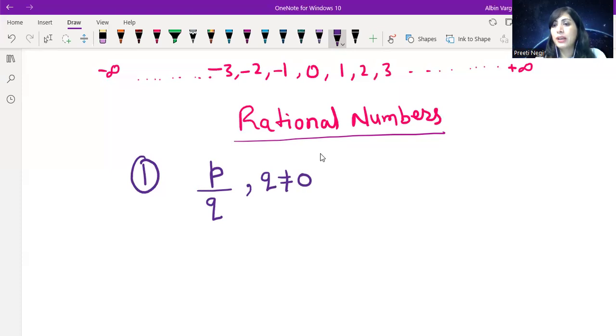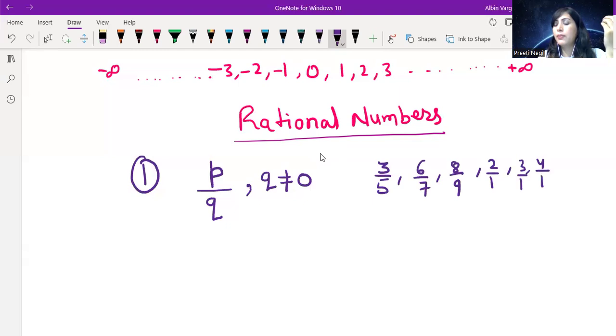Let's take an example, 3/5, 6/7, 8/9, any numbers, right? And the complete numbers 2, 3, 4, 5, you can write all these numbers in the form of 2/1, 3/1, 4/1, 5/1. All these complete numbers are rational numbers, right? So we can write all these numbers in the form of P/Q. But denominator can't be 0.